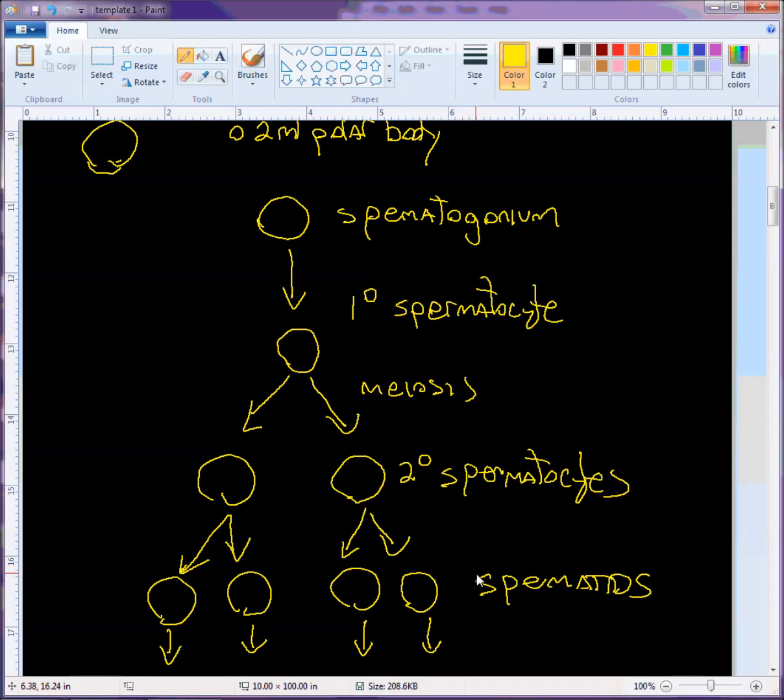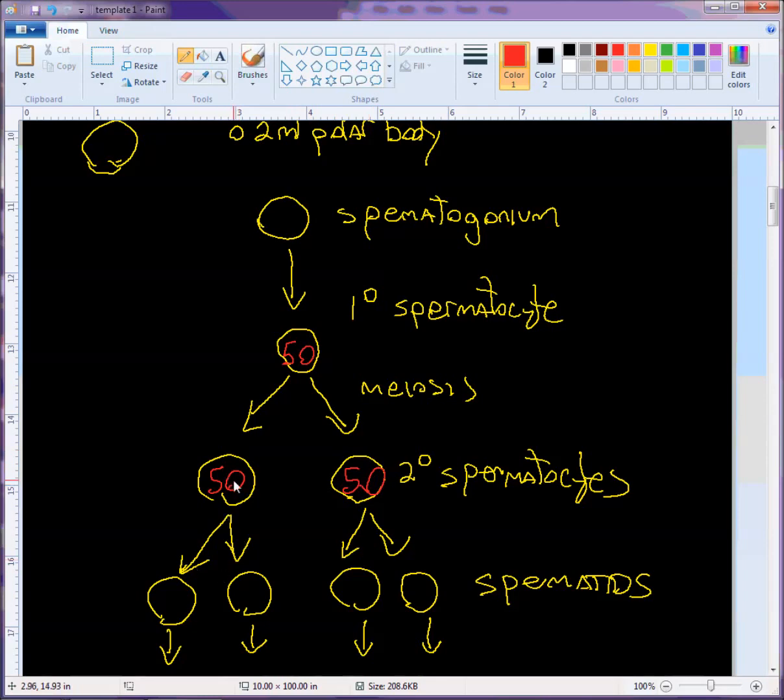So the question is, how many secondary spermatocytes would be formed if we start with 50 primary spermatocytes? So starting with 50 of these, well, if this divides, we're going to get 50 of this and 50 of this. And how many spermatids would be formed?